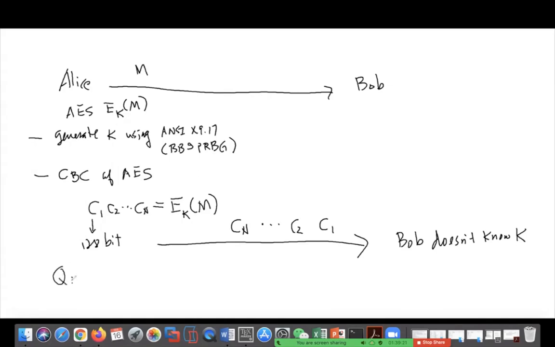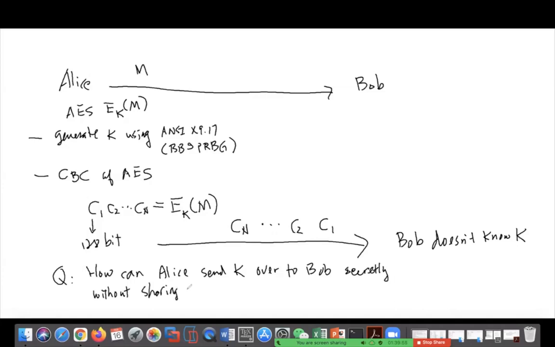So then the question is, how can Alice send K over to Bob secretly, without sharing prior secrets with Bob?